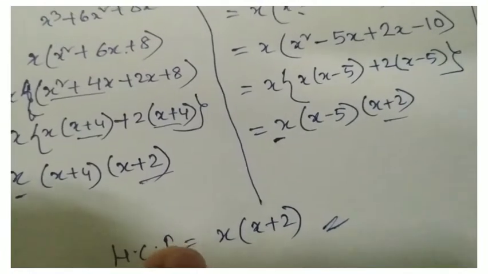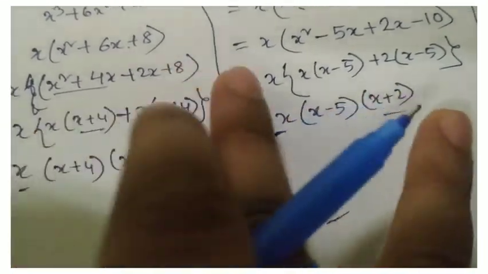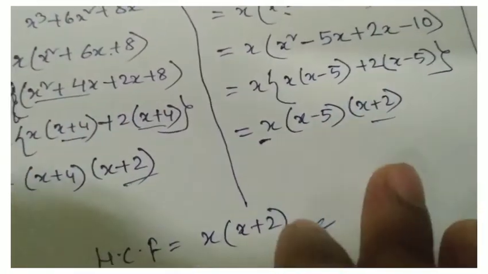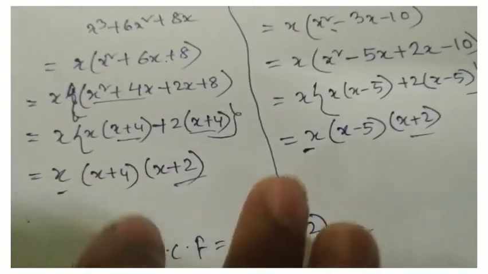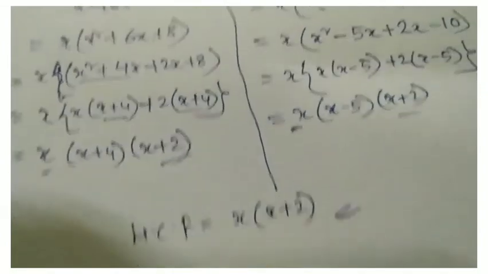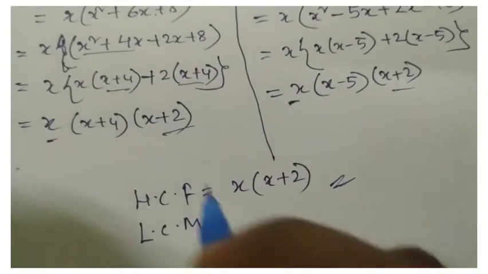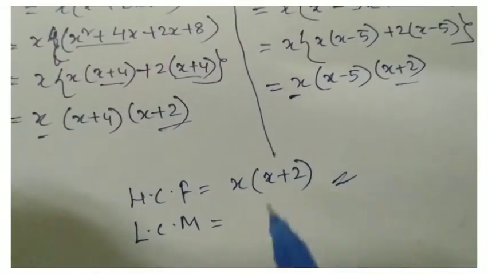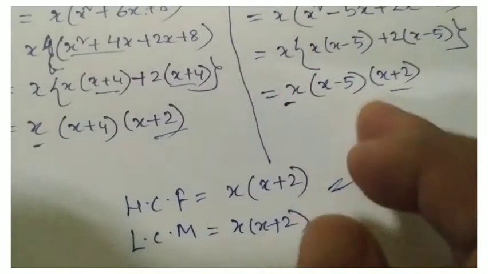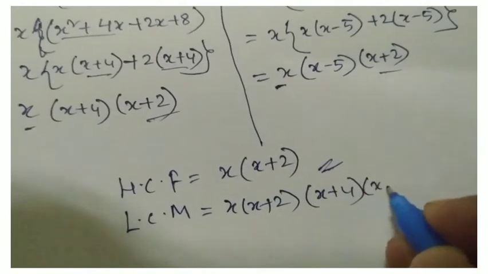Now what about LCM? LCM is actually the same thing. First of all we take the common part, but we also take the uncommon part as well. So for these two expressions, the LCM would be the common parts, first I write it down, x into x plus 2, and then the uncommon parts, that is x plus 4 and x minus 5.